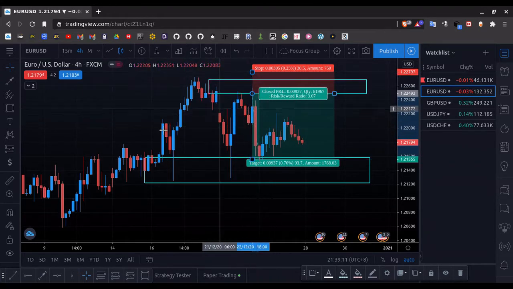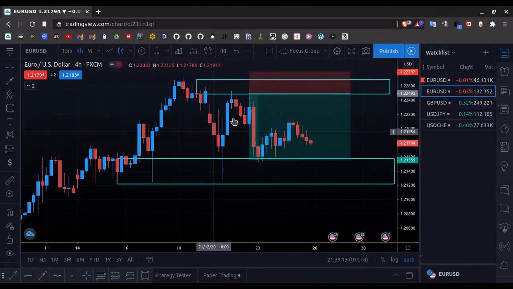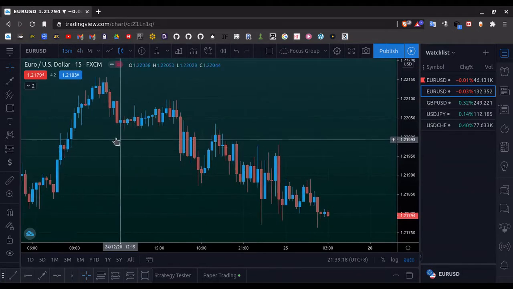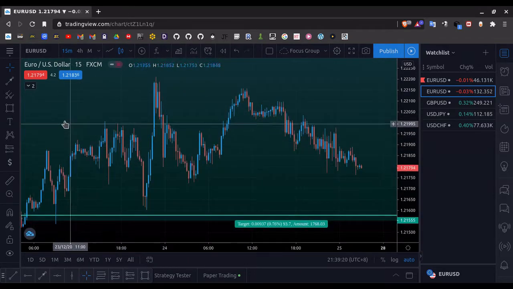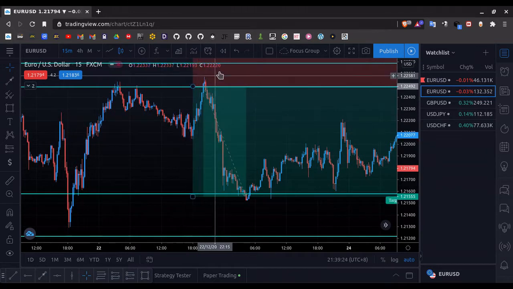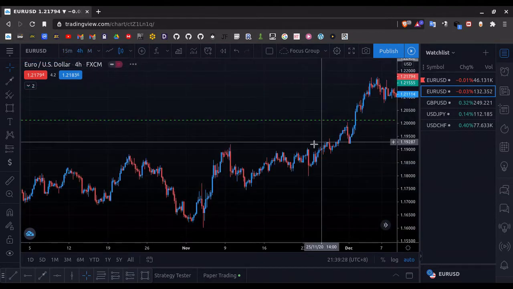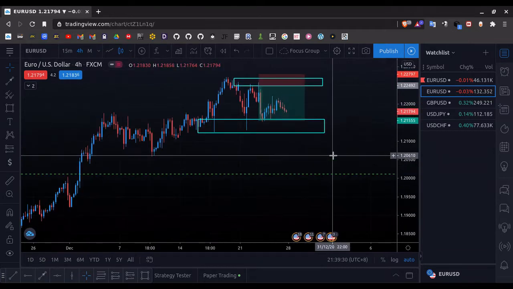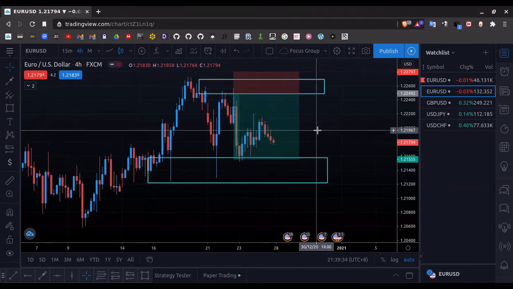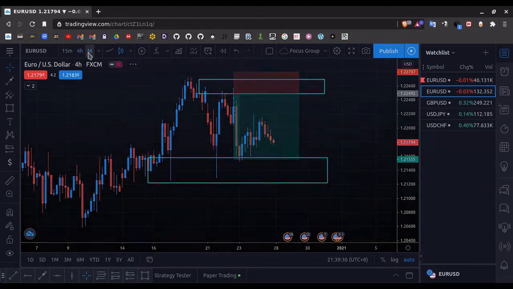Now depending on what entry method you used, you are free to use whatever entry method. I like to drop down to the lower time frame, to the 15-minute, and look for a nice signal to enter to go lower. But the whole point I'm trying to make is we have our preference, which is derived from the monthly.